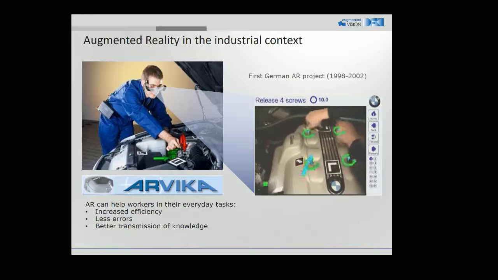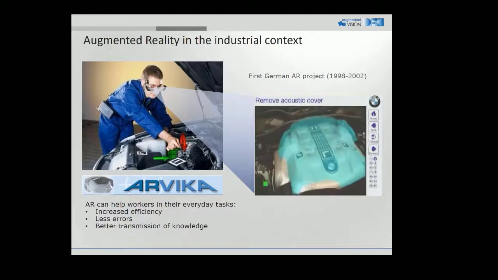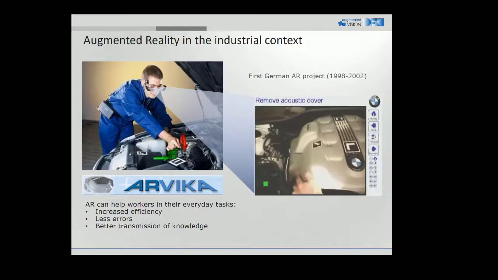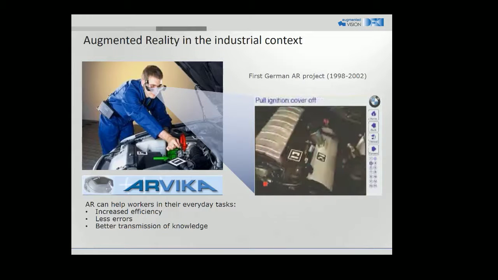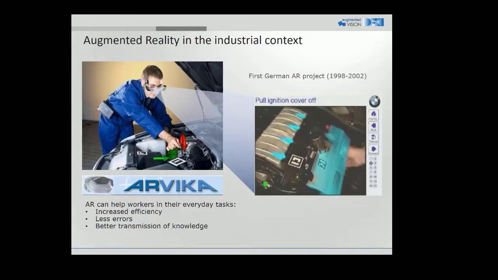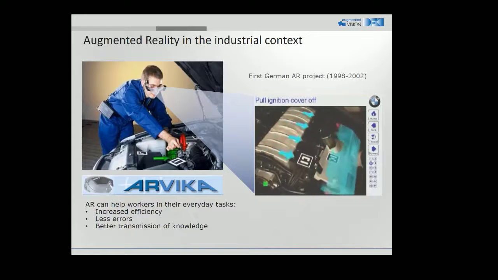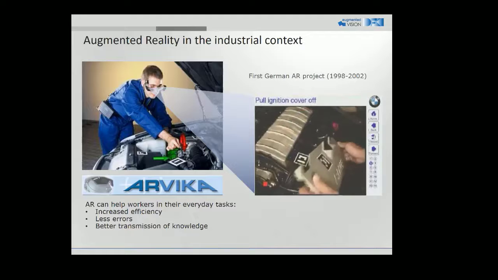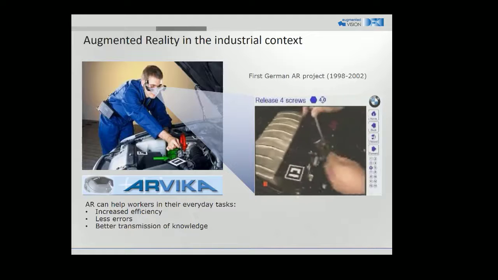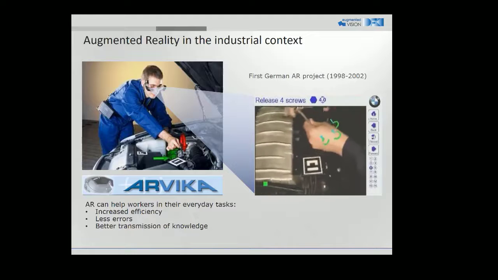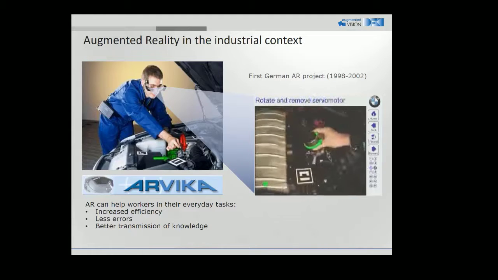Here's an example: a mechanic is working on a car for the first time. There is not much information about how to repair the car. Augmented reality can be useful by showing step-by-step instructions about how to operate the car, how to remove the components, how to replace them, how to repair them, and so on.